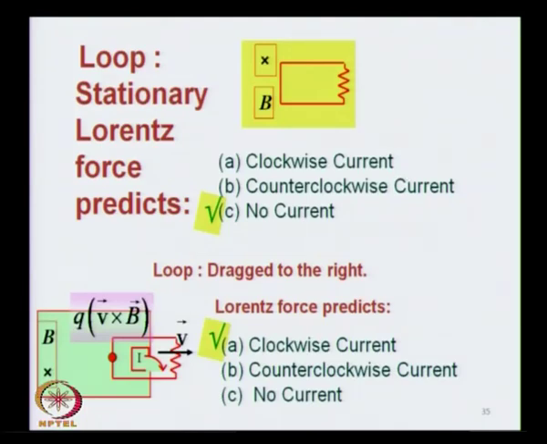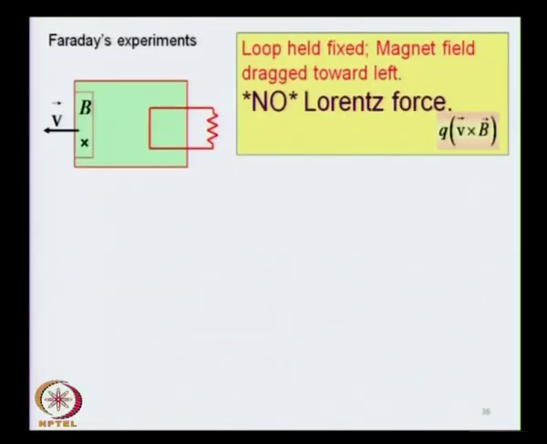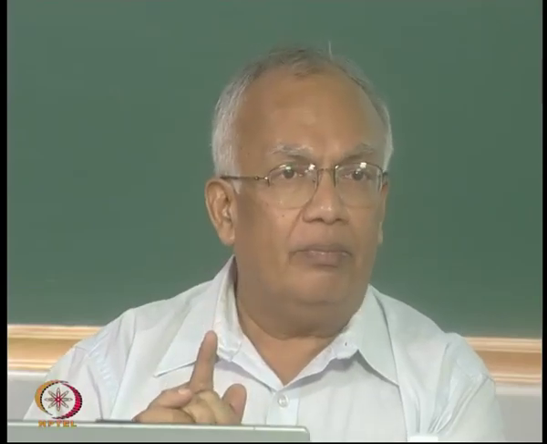Now, let us do this experiment again. This time you hold the loop constant, but what you do is drag the magnetic field itself to the left. How do you do that? If you were generating that magnetic field between the north pole and south pole of a horseshoe magnet, you take that horseshoe magnet and move it to the left. So, what are you moving now? Not the loop, but the magnetic field.